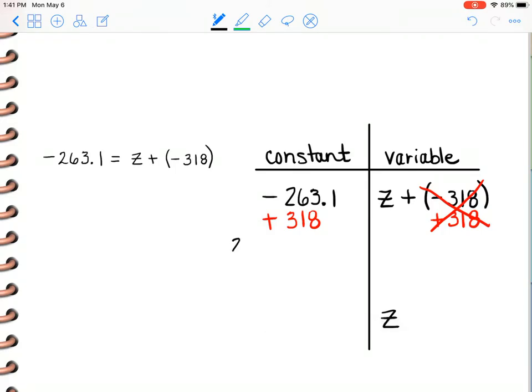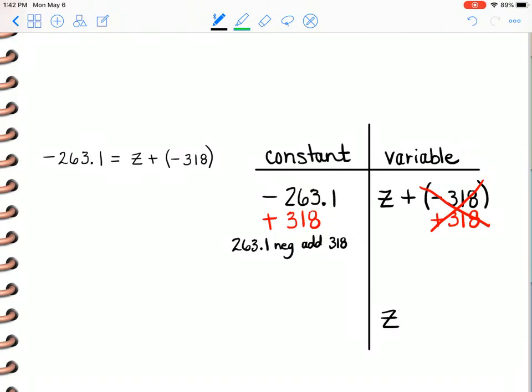And here we have negative 263.1, add 318. Okay. And let me do that on the calculator just to check myself.